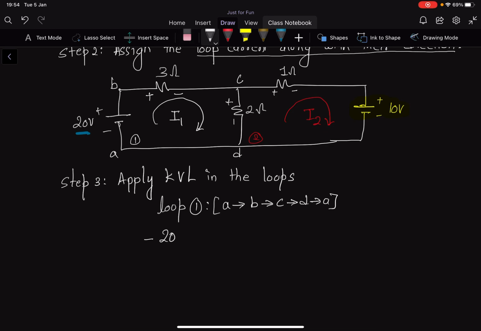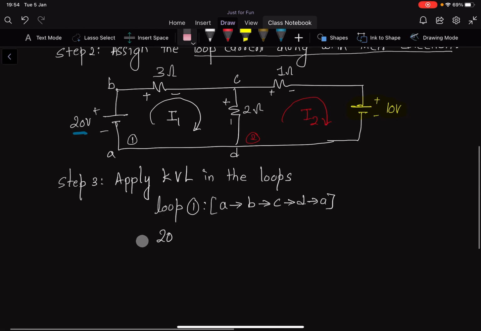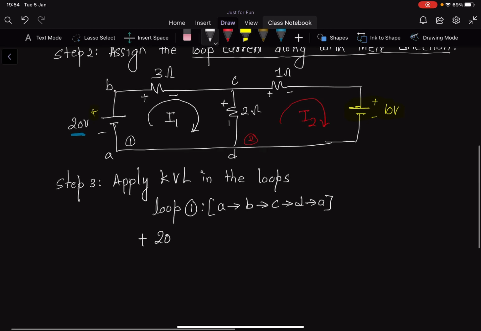Is it positive or negative? What value do I have to substitute there? For that you have to see what the end polarity is. In this case, because you're going from A to B, you have positive there. So you're going to use this 20 plus.